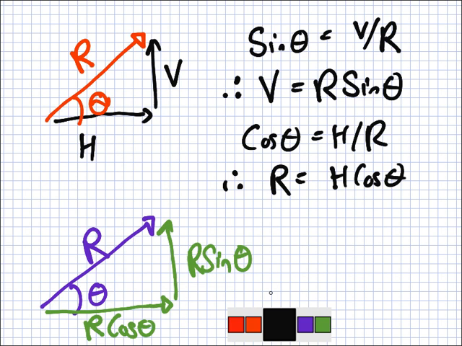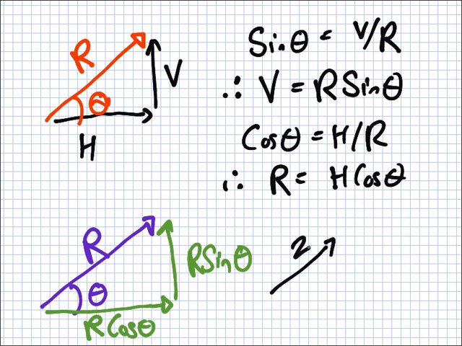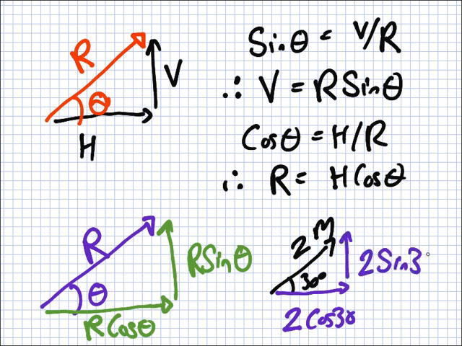So for example, if I tell you this is 2 meters and this is 30, then what's the horizontal component? That will be 2 cos 30. And the vertical? 2 sine 30. You got the idea? Okay, write this down, all of this.